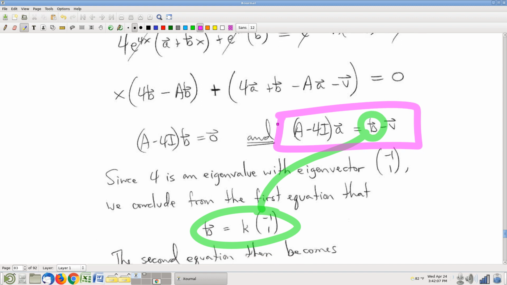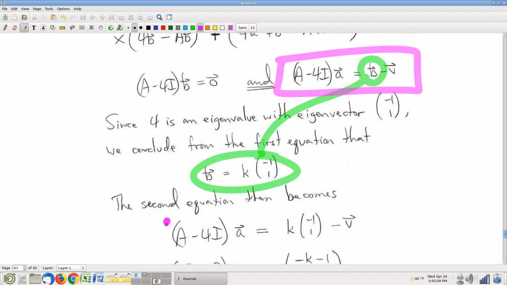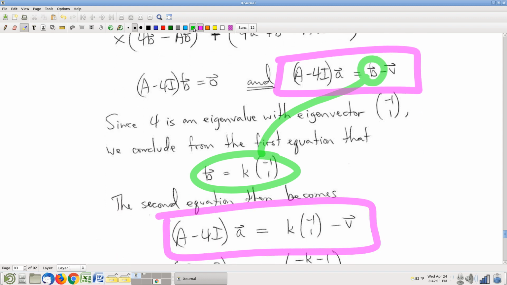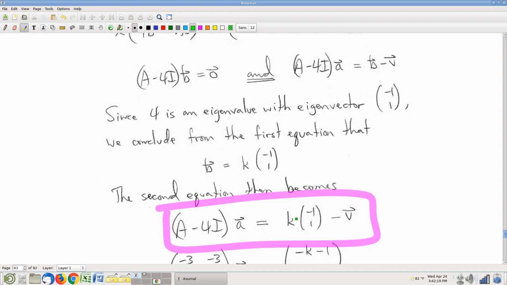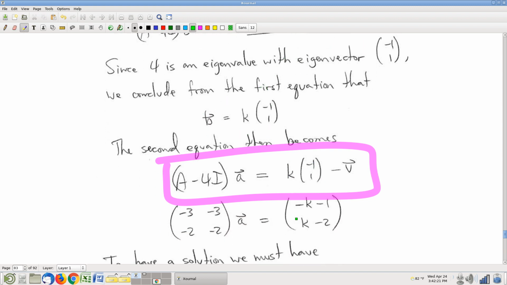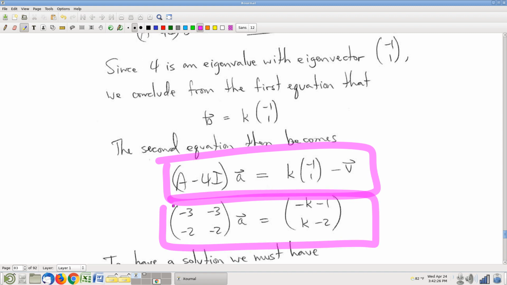Okay. So, recopy. There it is. Notice all I do is just plug in for what b is there. So this is the same equation. And let's rewrite. We know what A minus 4I is. Rewrite like that. Notice I've shifted things around on the right-hand side a little bit, not much. So this is what we're trying to solve.